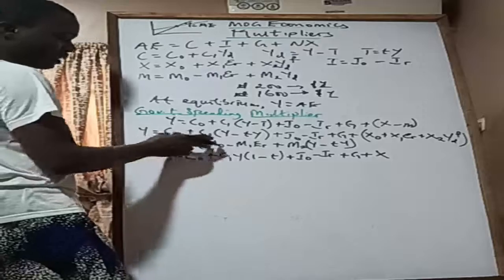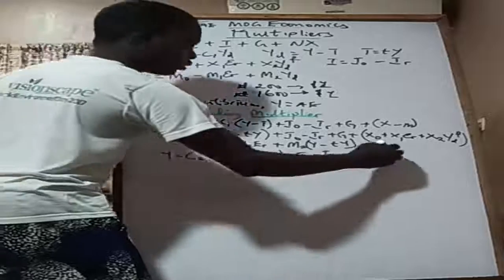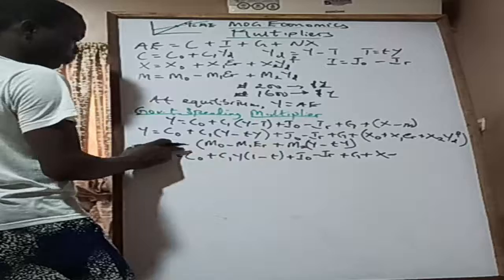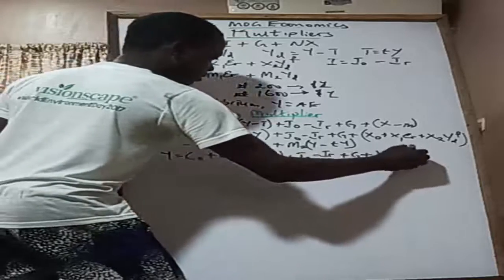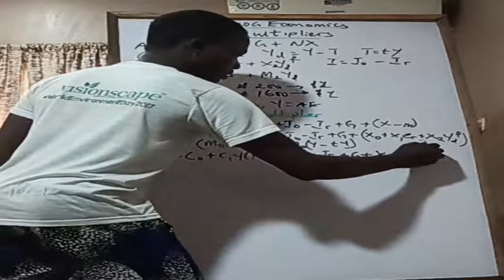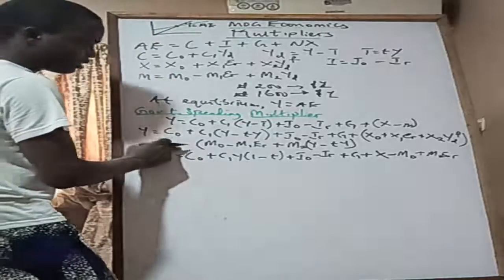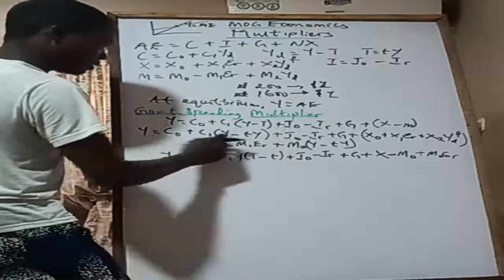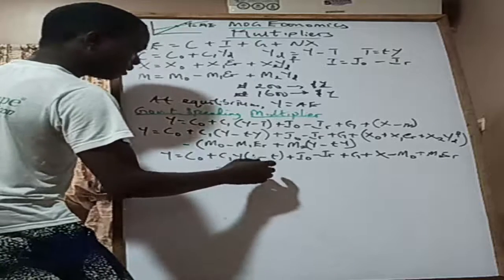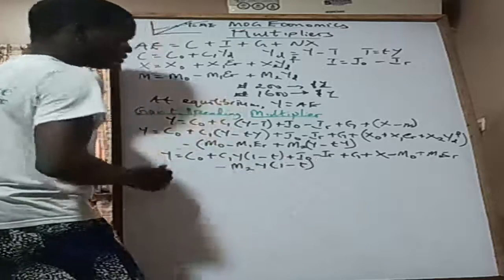So if you have a minus M naught, I'm still denoting all of this as X, like the X that we have here. So minus export minus import, so minus M naught, then minus times minus plus M1 ER. Then minus times plus, so minus M2, then collect Y out, Y into bracket 1 minus T.